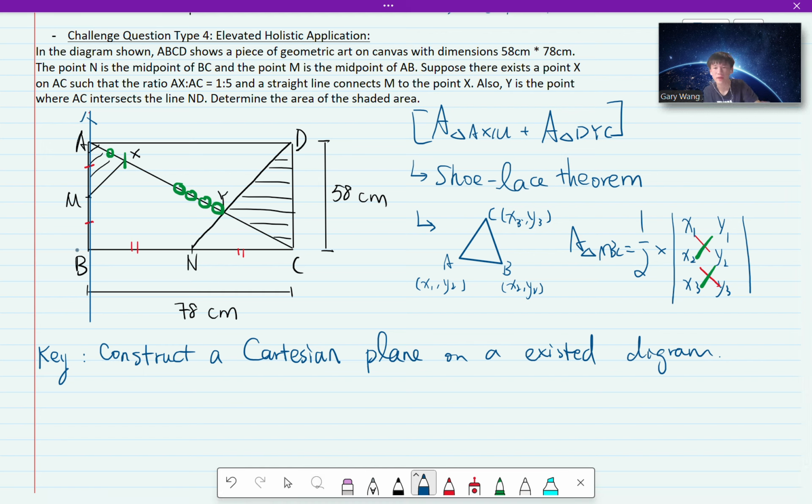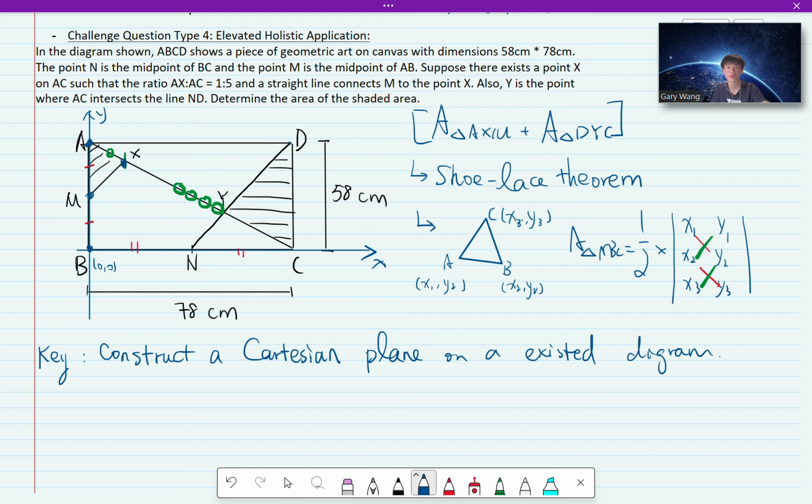And then we can put the x-axis along the line BC. So this is the x-axis, this is the y-axis, which is a really bad drawing, so I'll just redraw it a bit better. So this is the y-axis, and this is the origin point, B. This is 0, 0.